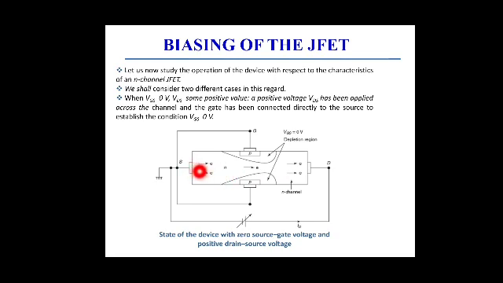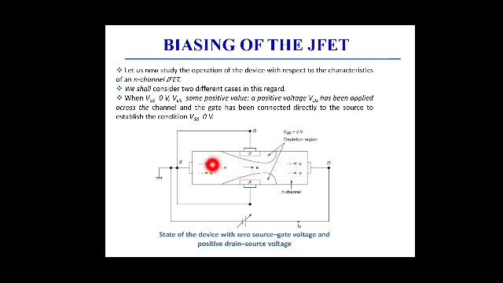When the electrons travel from source to drain, at the source end the electrons should be repelled or pushed into the channel, and at the drain end the electrons should leave the channel.